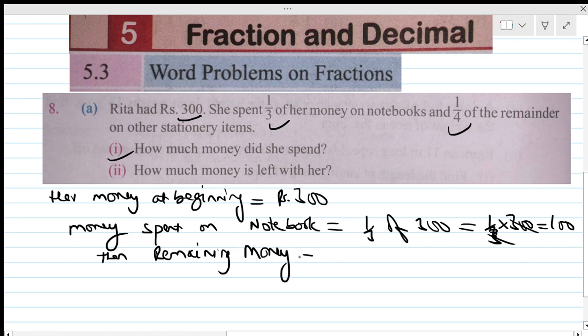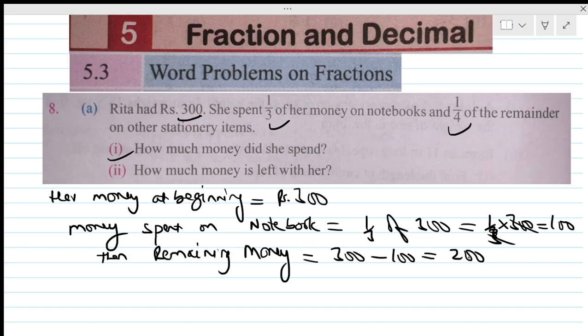So remaining money: she had 300 rupees at the beginning and she spent rupees 100, which was 1/3 of our beginning money. So she now has 200 rupees as a remainder, and from that remainder again she is spending 1/4 on the stationery items.